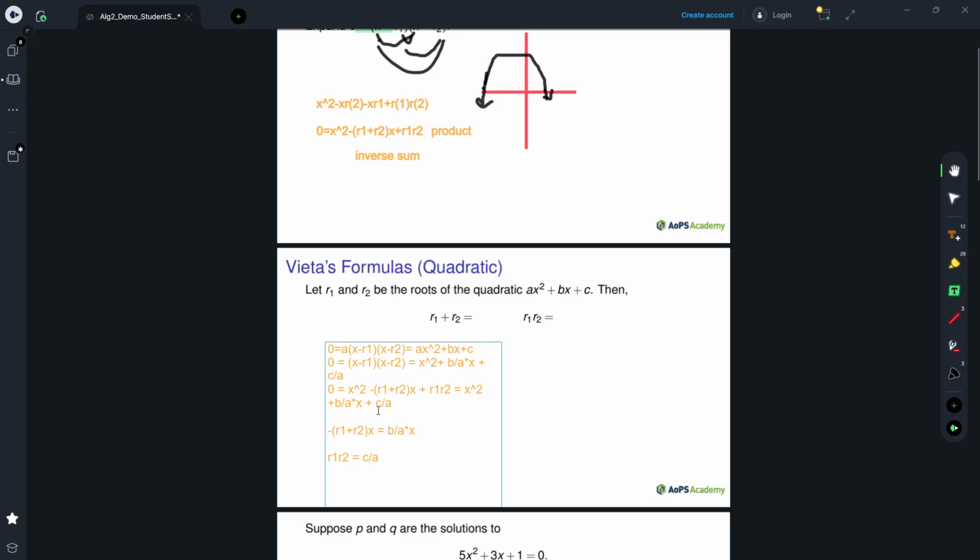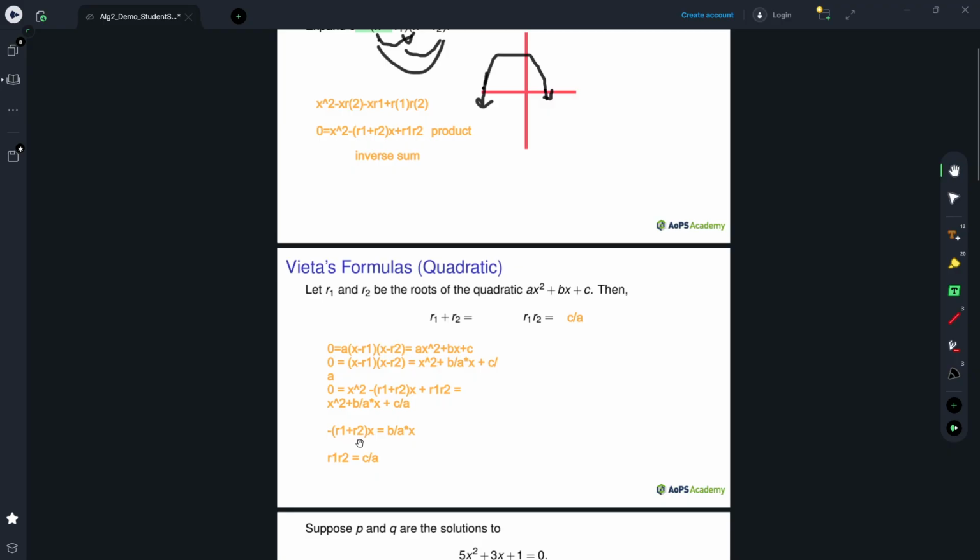Because we've taken out the quadratic term, the x squared term, and the x term, which is the linear term. So we got r1 r2 equals c over a. That's the answer right here. So let's write that: c over a.